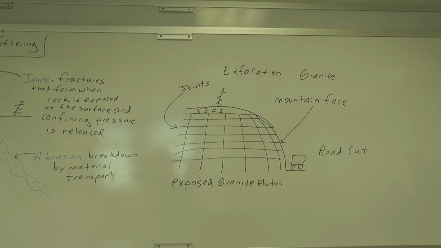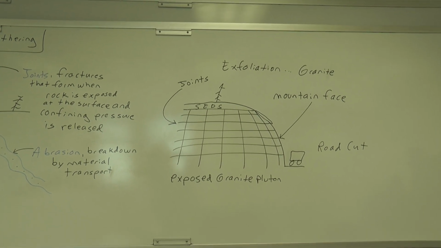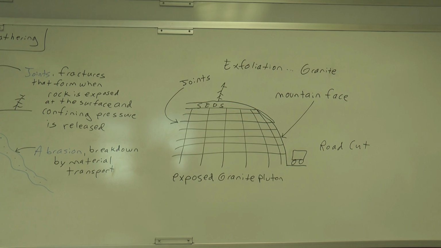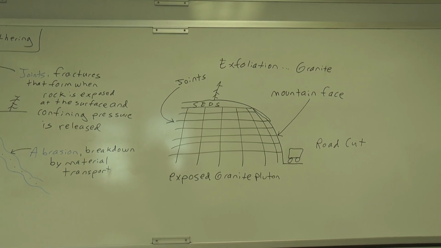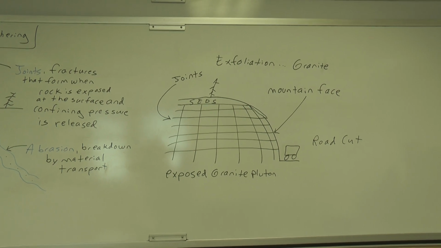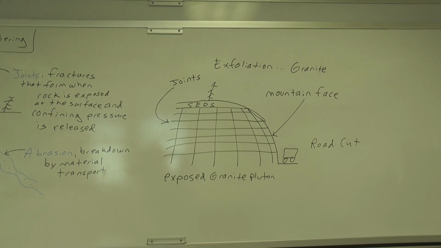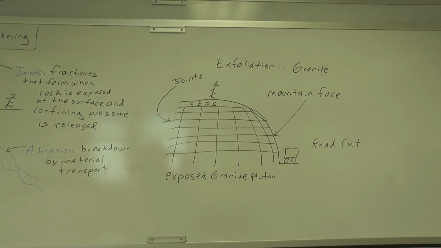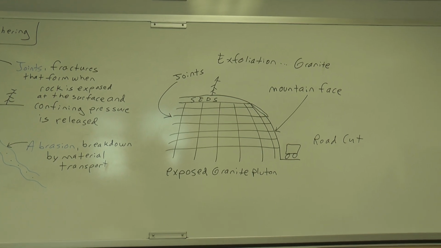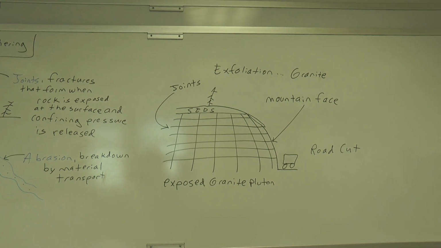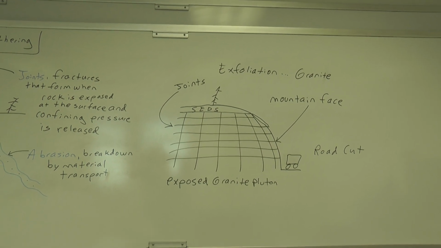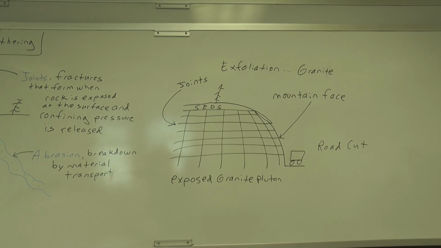And then you see in the top right corner what looks like a little sliver there, and there's kind of a point to it. Okay, that's where we have already had exfoliation of the outermost layers down closer to the road. So granite tends to split along these joints parallel to the mountain face, and it tends to go from the bottom on up.